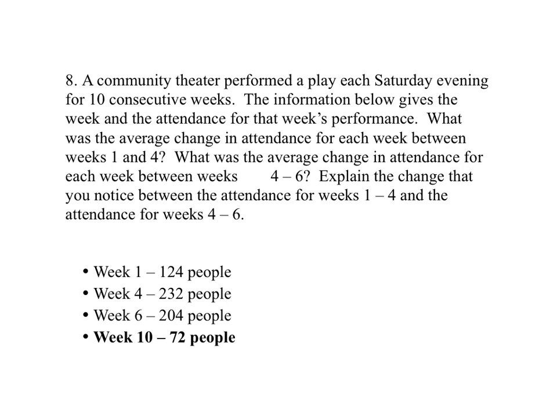Problem 8. Looks kind of big and menacing, but it's really not that bad. So we have some information down here. I want to know the change in attendance between weeks 1 and 4. So we're going to start there, and I'm going to label them A and B again. So A, we have 1, 124, and we have 4, 232.